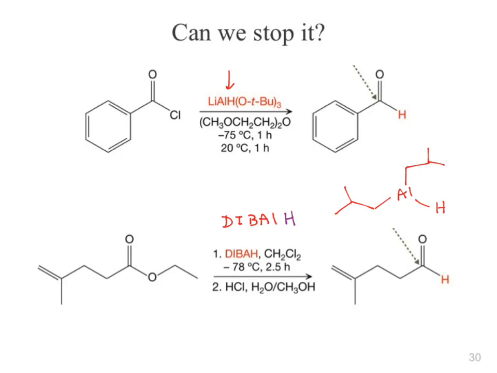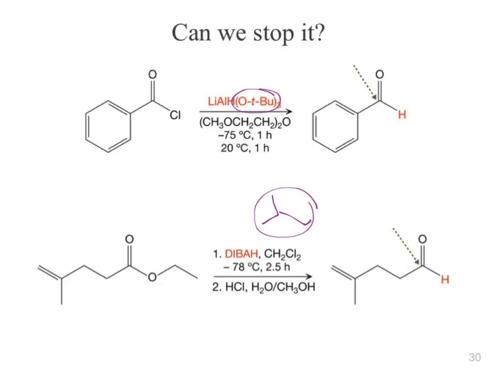What are some common features that we see within these two reactions? Why, yes, I agree. We have t-butoxide and the isobutyl. Both of those groups are sterically very large. So we have a large steric control behind our reagents.